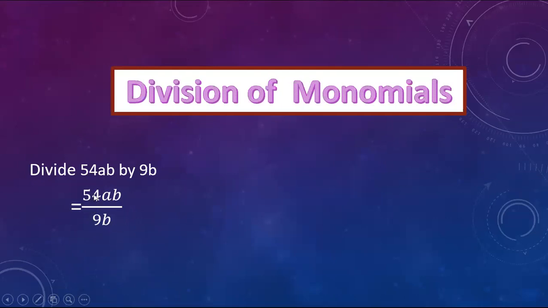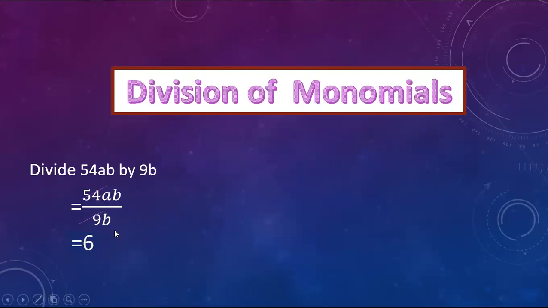Now, 54 and 9, these are called the coefficients, okay? Numerical coefficients are 54 and 9. So first of all, students, we know that 9 ones are 9 and 9 sixes are 54. So in the quotient, first we get 6 here.